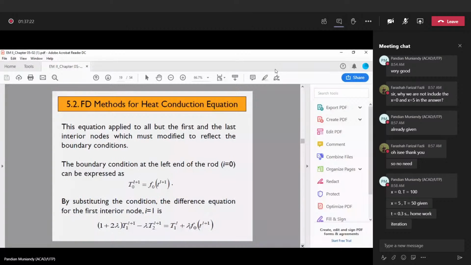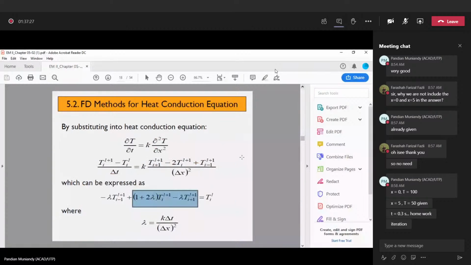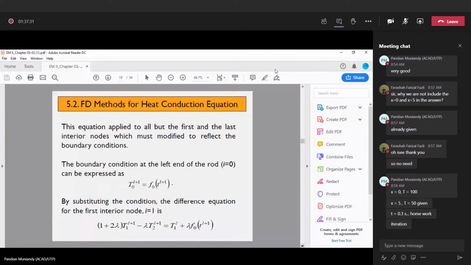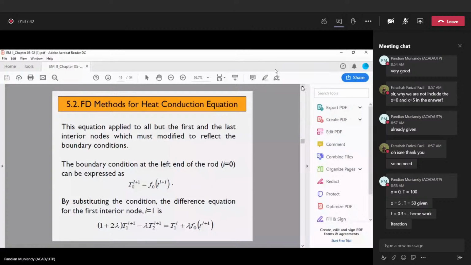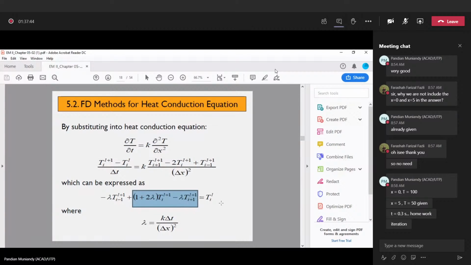(1 plus 2 lambda) T subscript 1, I. This one, I is 1. Minus lambda T subscript 2, L plus 1, equals T11. Sorry, this one. T11, I1, L1.